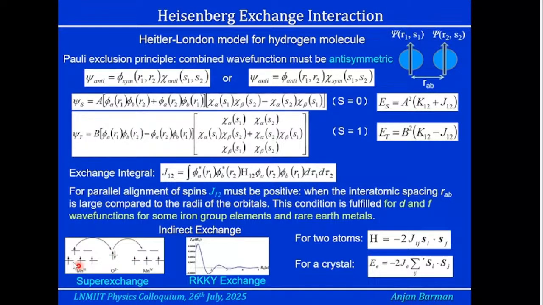Here manganese 3 and manganese 4 have a different spin system. As you can see, here you have one spin in the excited state, here you have no spin, so you can do this through this oxygen ion. So oxygen takes this spin and then transfers it to this manganese 4 ion, and this is mediated by oxygen, and that is why it is called super exchange.